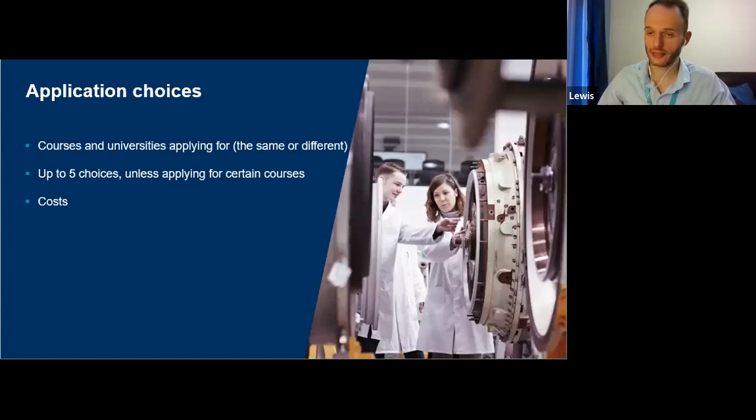They should have varying entry, as I mentioned, and be realistic, but ultimately it is their choice. I recommend reminding students that they will be required to choose a firm and insurance choice. Their insurance is just that, a choice which has a lower entry criteria, just in case things don't go to plan or as expected.